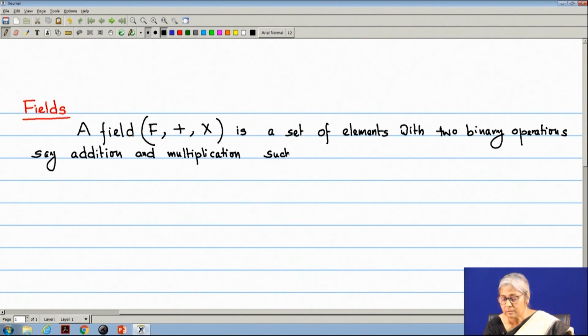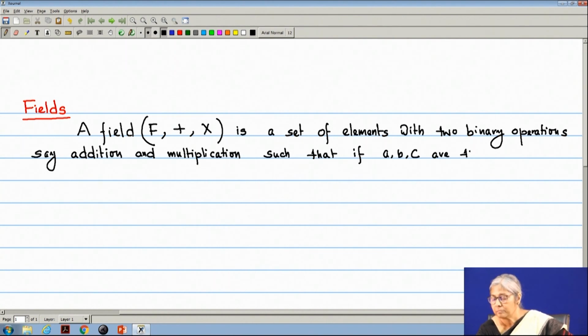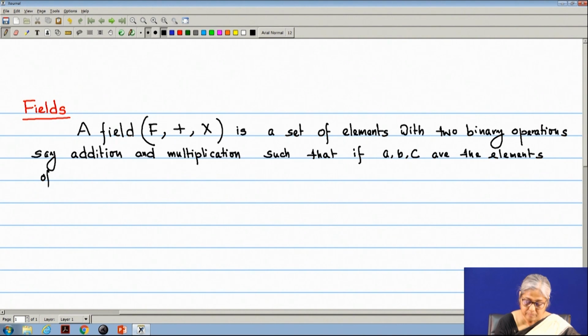And such that if A, B, C are elements of F, then the following axioms are satisfied.